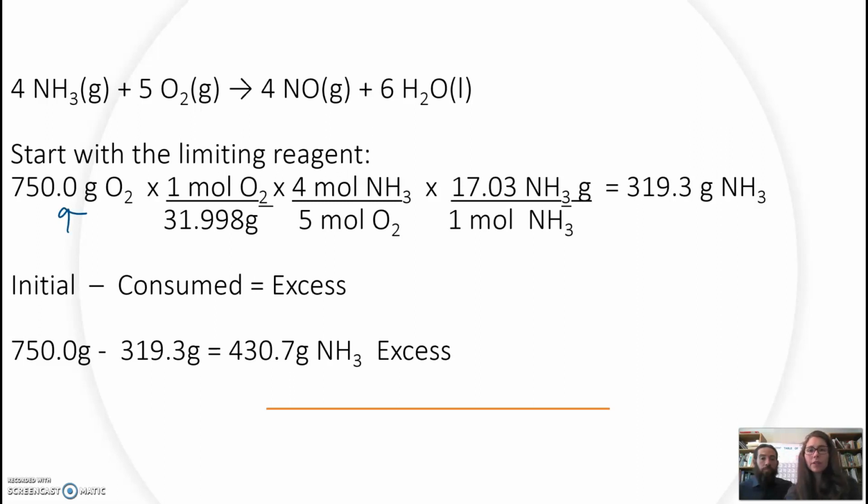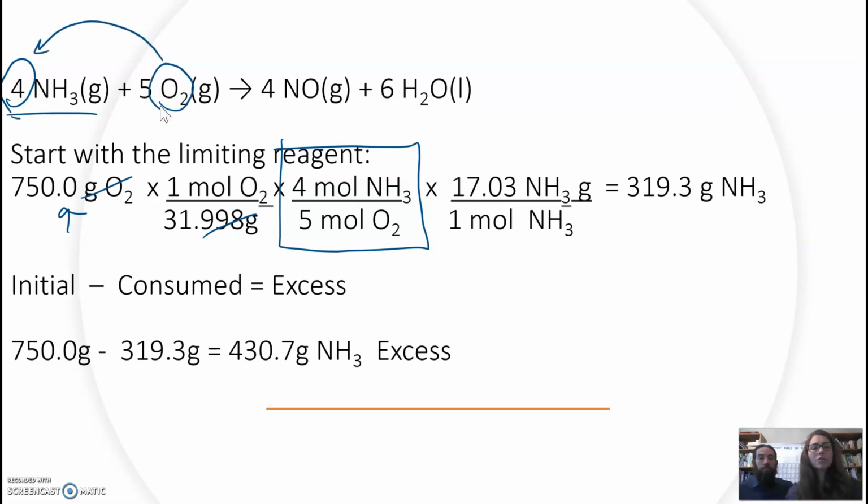We figured out that the O2 was the limiting reactant in the previous example where we showed you all of the calculations. So from there, we're going to go to moles of oxygen, and this is the key here. So on Mole Island, we are going to convert from our initial. We're going to start with our limiting reactant of O2 and figure out how much of our other reactant was consumed.